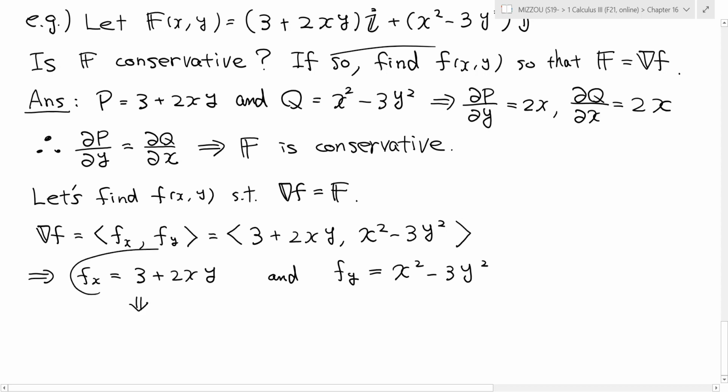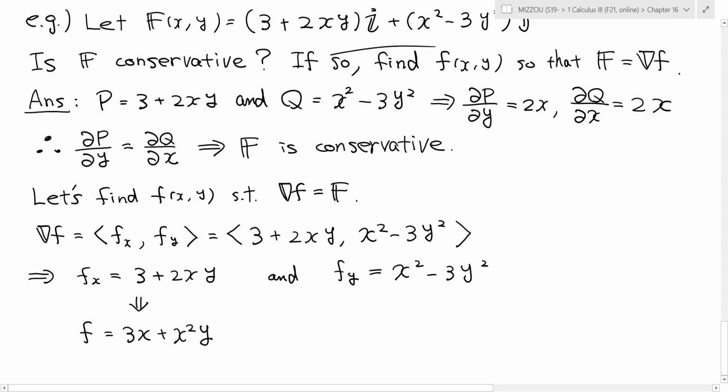So this means the function f we are looking for has the property that if you differentiate with x, you get 3 plus 2xy. So in order to recover f, what you have to do is integrate this with respect to x. So this means 3x plus x squared y. Okay, it looks okay, but it's not okay actually.